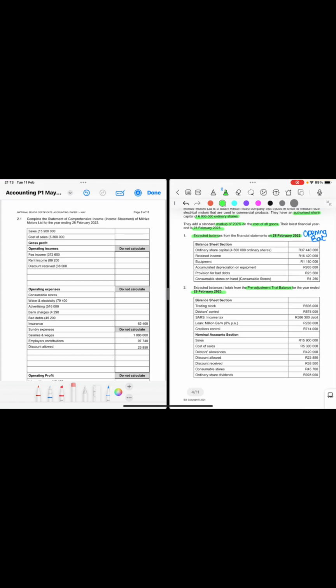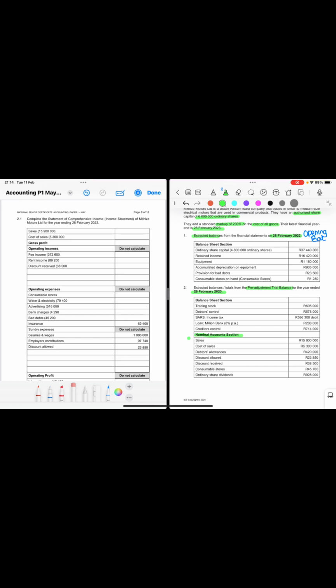So just looking at our pre-adjustment balance. For the statement of comprehensive income, the information in both the balance sheet section and nominal account section is relevant, but the line items that we find in our statement of comprehensive income are from the nominal account section. So we have sales here, as we do have there already, but remember, to get our full sales amount, we must take sales minus debtors allowances, because debtors allowances decrease our sales.